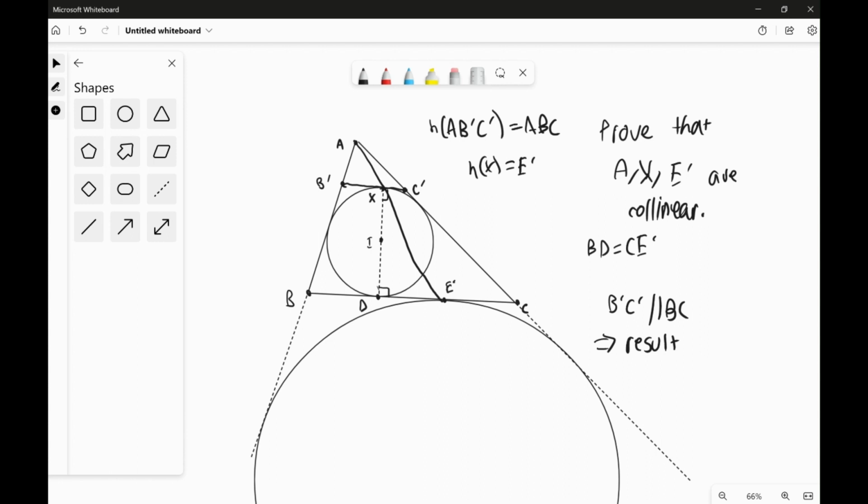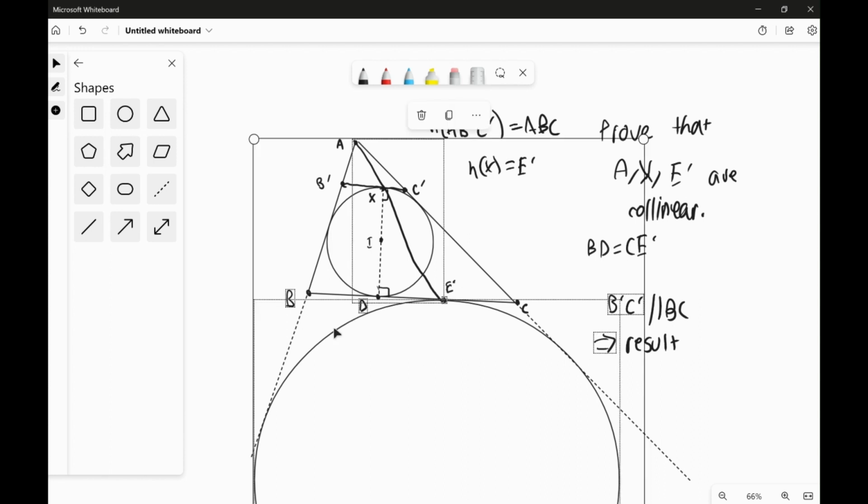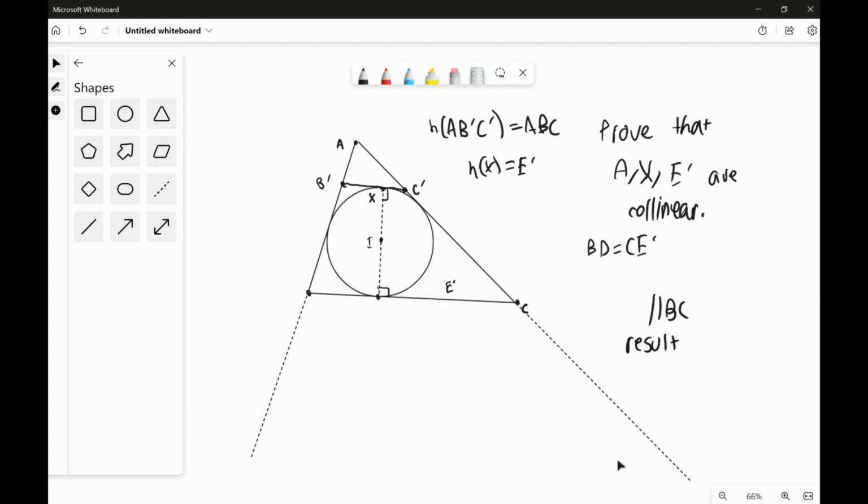So that means that A, X, and E prime are collinear, since A is the center of homothety. And since E prime satisfies that BD equals CE prime, we can actually get rid of the X circle from the picture. And then we can say that if this is the intersection, E, then BD equals CE, as we need.